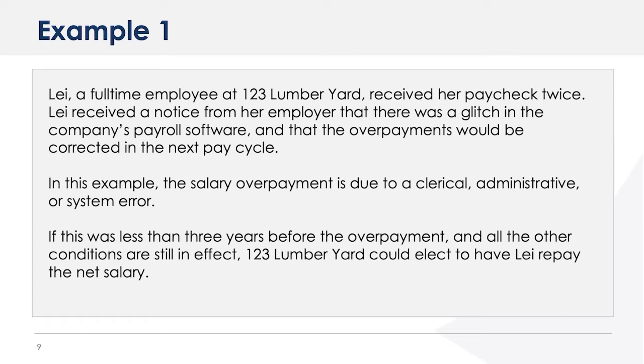In this example, the salary overpayment would fall under the situation where an employee is overpaid due to a clerical, administrative, or system error. If this was less than 3 years before the overpayment and all the other conditions, such as the business still being operational, are still in effect, this would qualify for a situation where 123 Lumberyard could elect to have Lee repay the net salary overpayment.